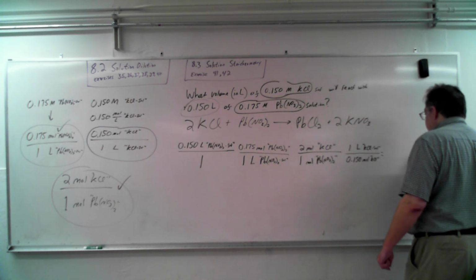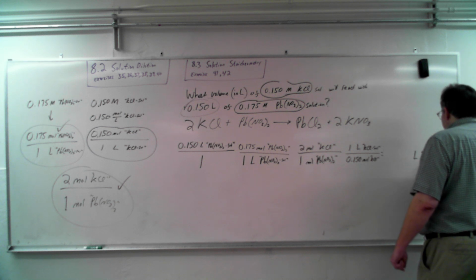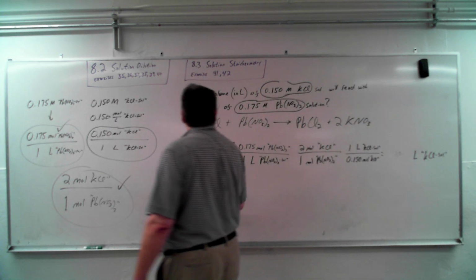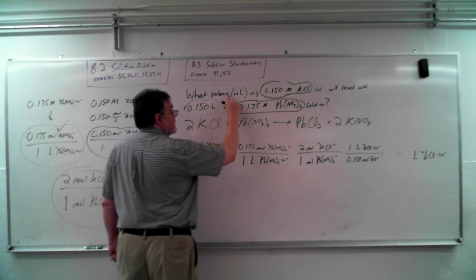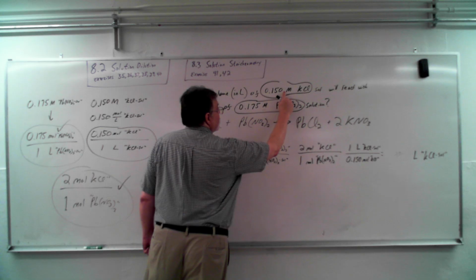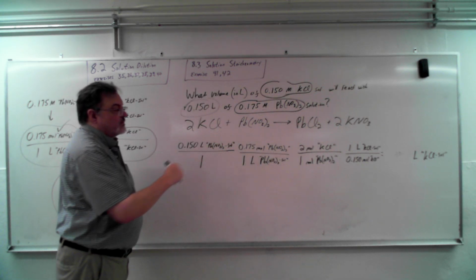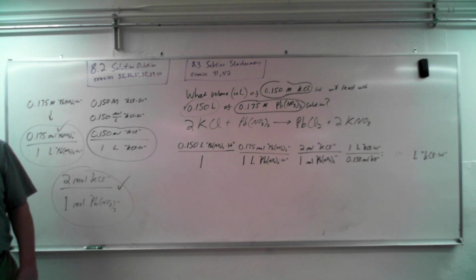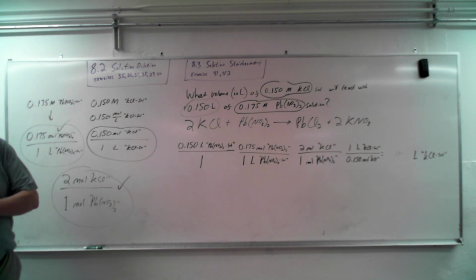There we end in liters of KCl solution, some number of liters. What volume in liters of 0.150 molar KCl solution? Liters of KCl solution is what we're looking for, and that'll solve it.